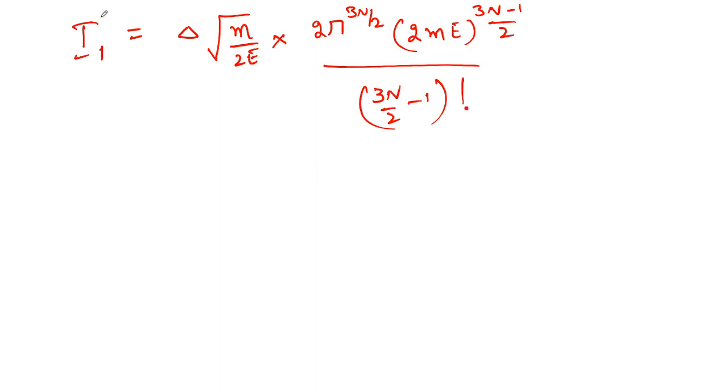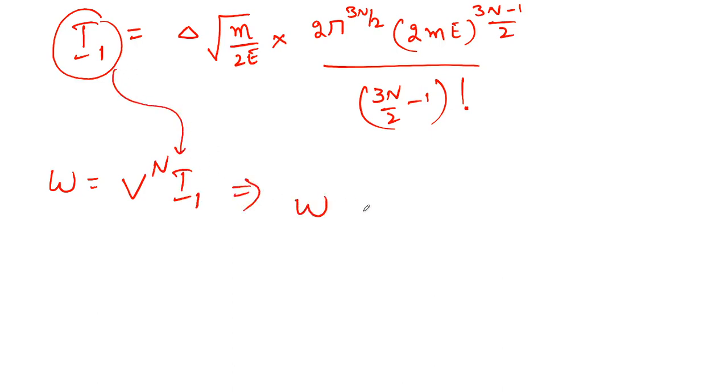So this is the value of I1, and the volume of this total hypershell, that is omega, is of the order of Vn into I1.